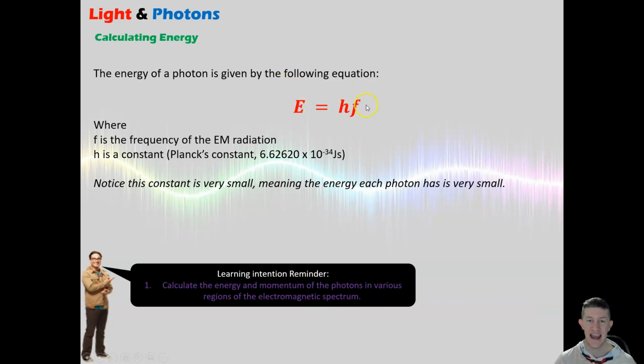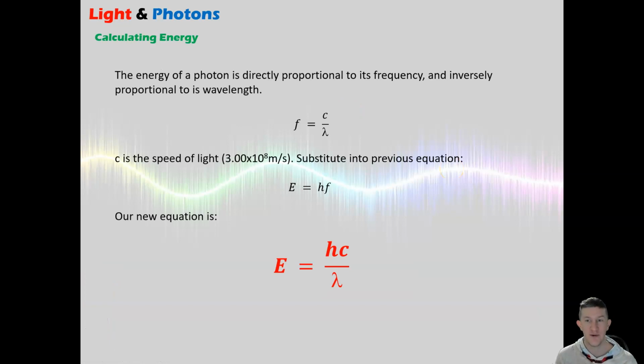Here we are calculating the energy using E equals hf. The energy is directly proportional to its frequency and inversely proportional to its wavelength. If we look at the equation frequency equals speed of light, remember this used to be v, but now we're talking about photons, so speed of light divided by wavelength, we can see that if we have c as the speed of light, we substitute that back into the E equals hf equation, we get this new equation where we say the energy is equal to Planck's constant times the speed of light divided by lambda, which is the wavelength.